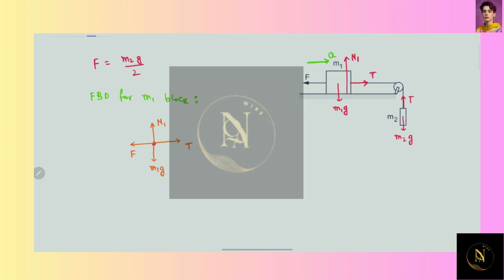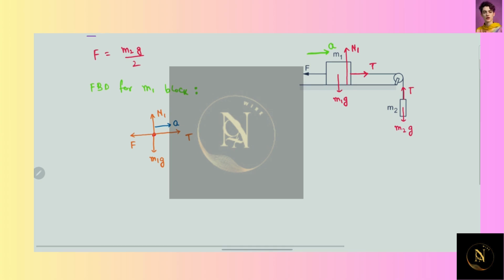And under these forces, the m1 block is moving forward with an acceleration of a. So if we apply Newton's second law along the direction of motion of the block, I can write T force has to be more than F, so T minus F is the net force, which has to be equal to m1 times a. Let's say this is my equation number 1.